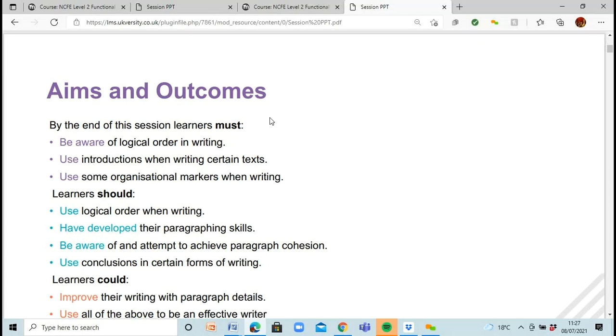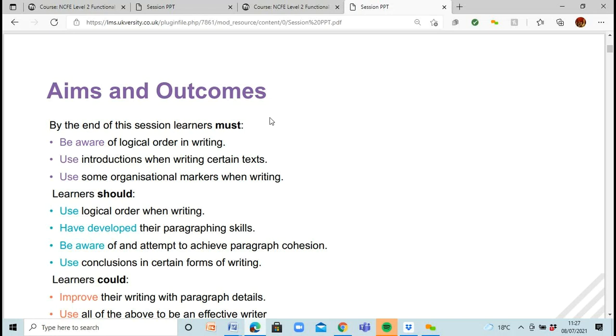The aims and outcomes of today's lesson are: you should be aware of the logical order of writing. You should be able to use introductions, and have some organizational markers when writing. Do you have a logical order, like we said before?